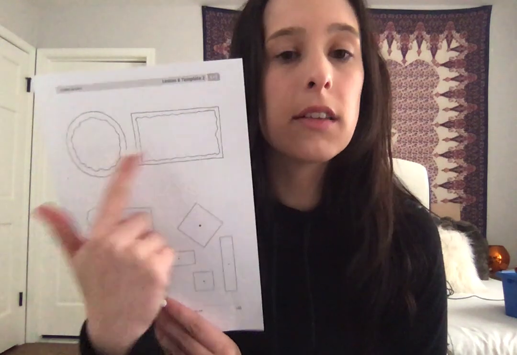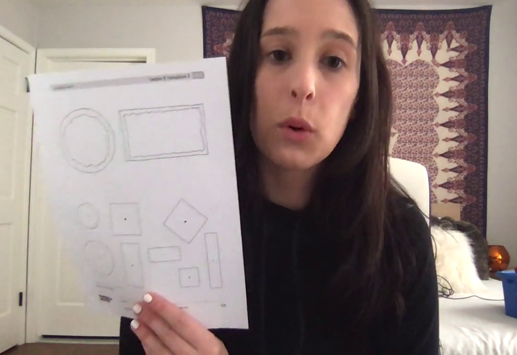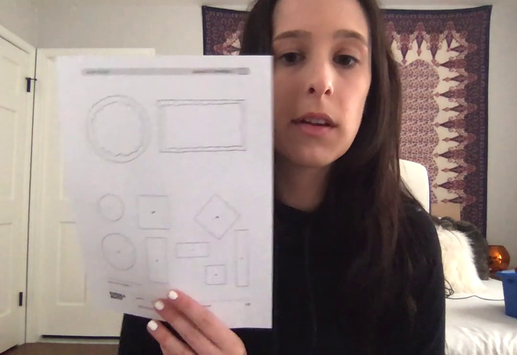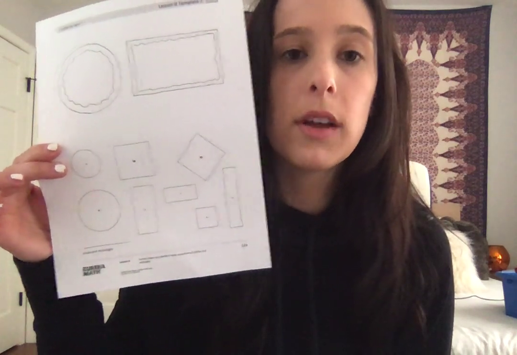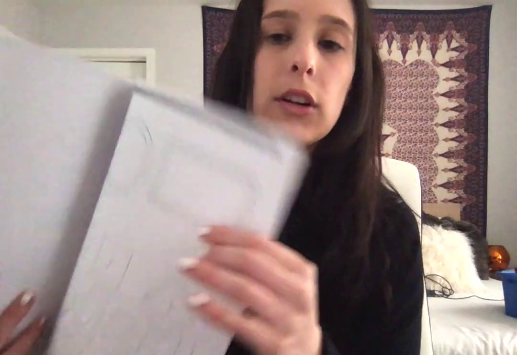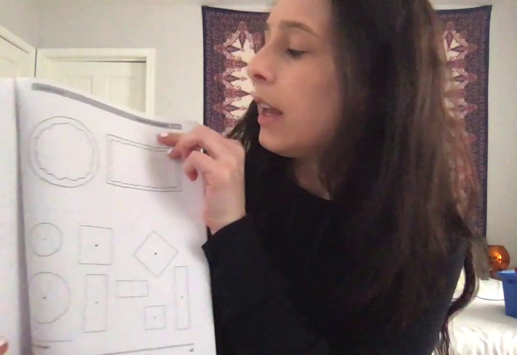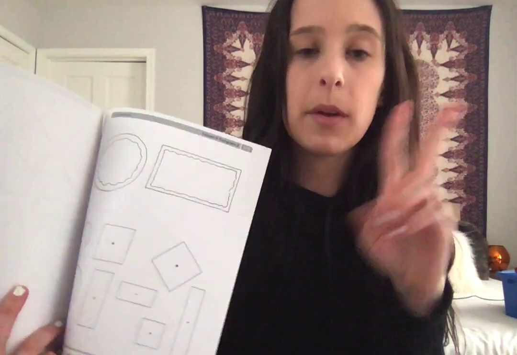And you can practice cutting into fourths and into halves. And down here you can also practice with other shapes. They put a little dot in the middle to help you see how you're going to cut it to be into equal parts. So that's in the back of your packet. And when you go, it'll say Lesson 8, Template 2. And that'll help you with the lesson.